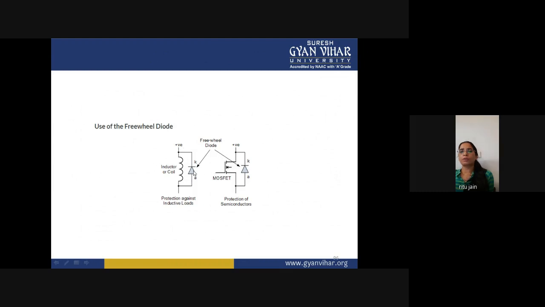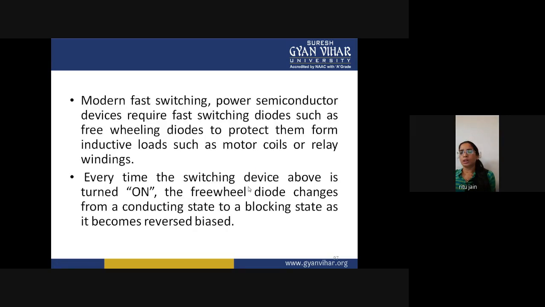So a signal diode can be used in both cases. If your load is inductive, then you can use a freewheeling diode or signal diode in parallel with this inductor. If you're using a MOSFET and you want to protect that MOSFET, you can also use a freewheeling diode across the MOSFET, right? So this is all about your signal diode.